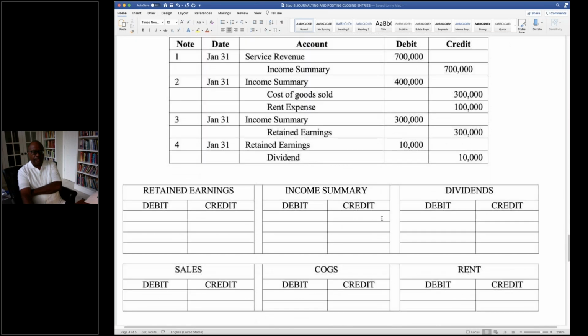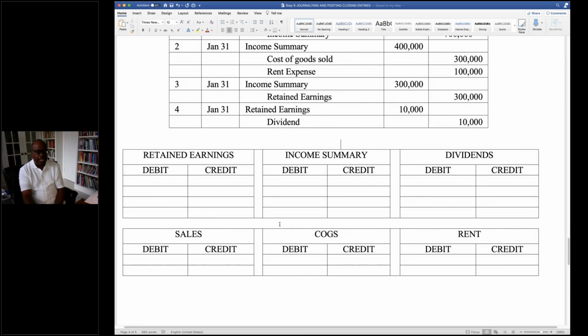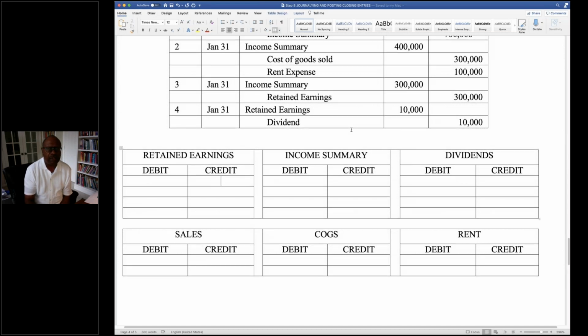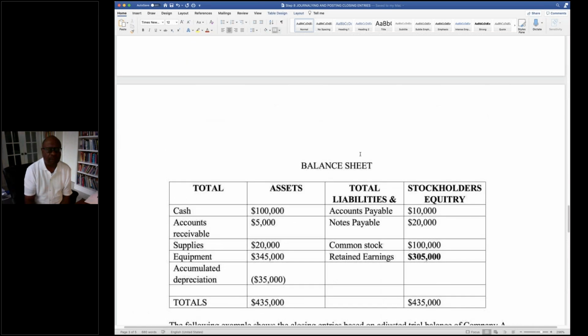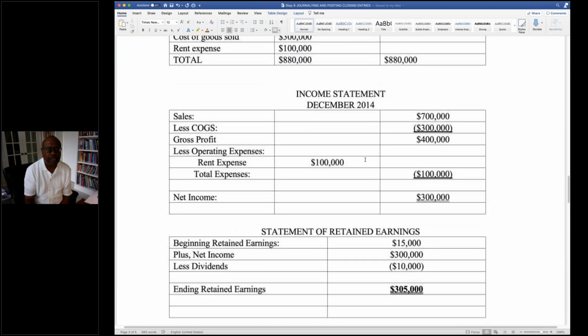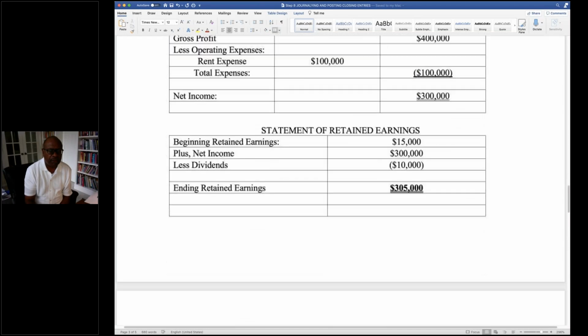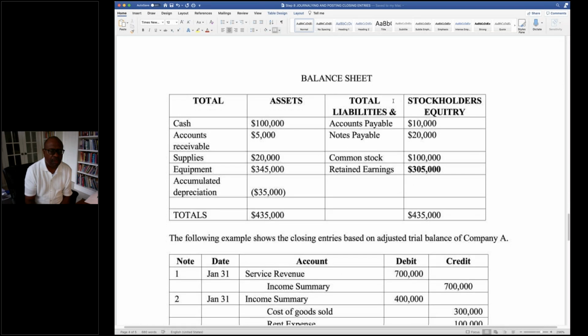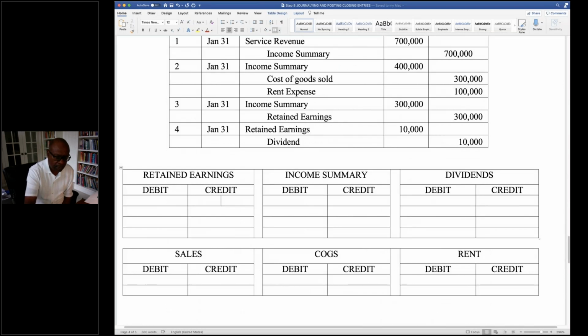And we have these T accounts down here. In retained earnings, the beginning balance was 15,000, a credit balance. This is our temporary account here. The dividends were 10,000. That's what's in these accounts before we close them out.